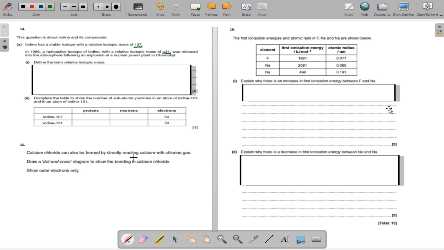And we need to draw a dot and cross diagram to show bonding in calcium chloride. And for this question, we get given the ionization energies of fluorine, neon, and sodium. We need to explain why there is an increase in the first ionization energy between fluorine and neon, and why there is a decrease in the first ionization energy between neon and sodium.